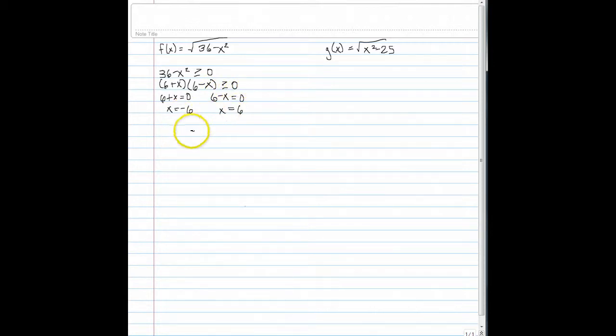So now we need these values to visualize what's going on to determine this domain. We start with the domain of all real numbers. This is negative infinity all the way over here, and this is positive infinity. We want to break up this domain on these intervals.